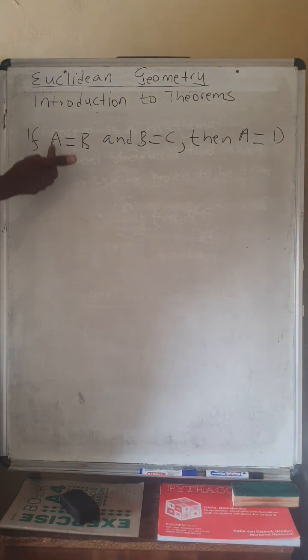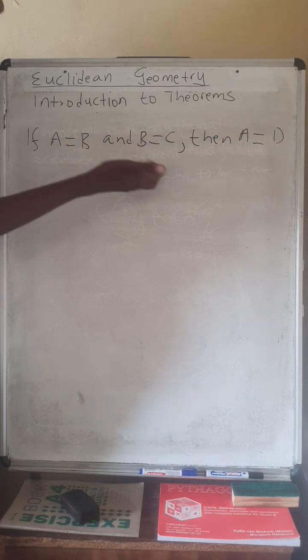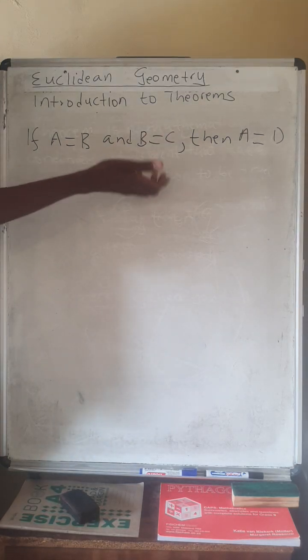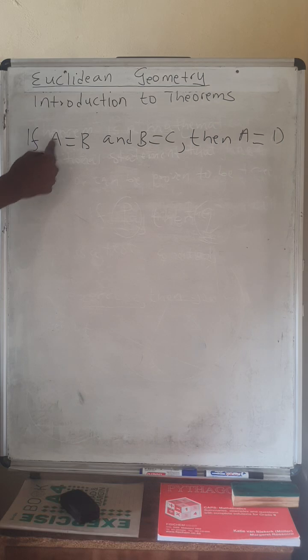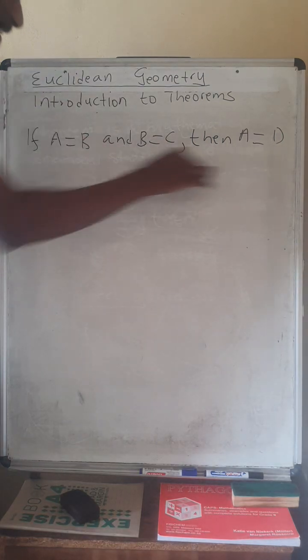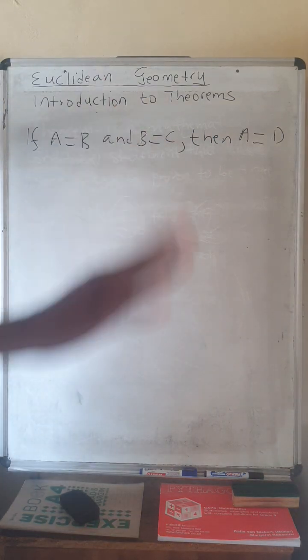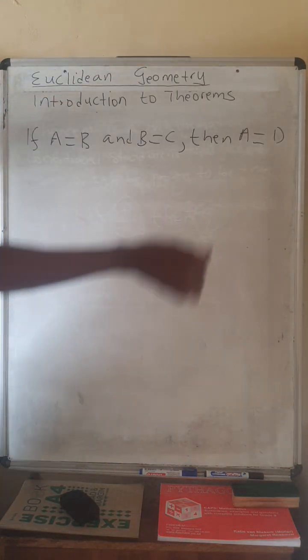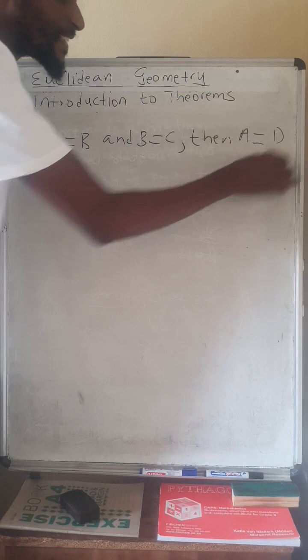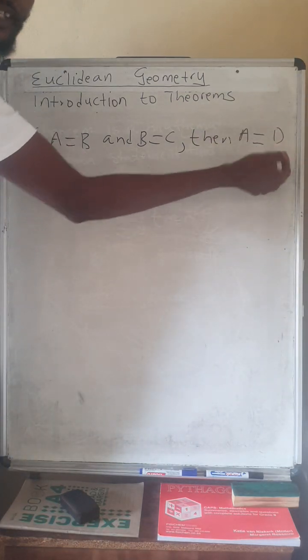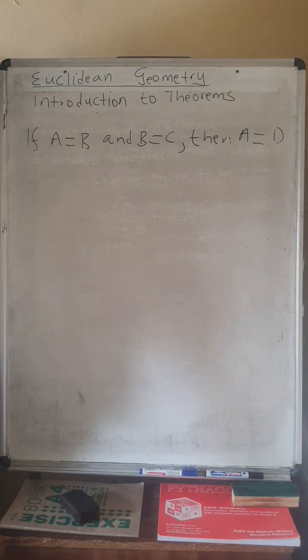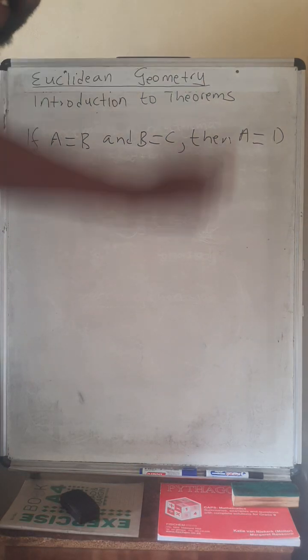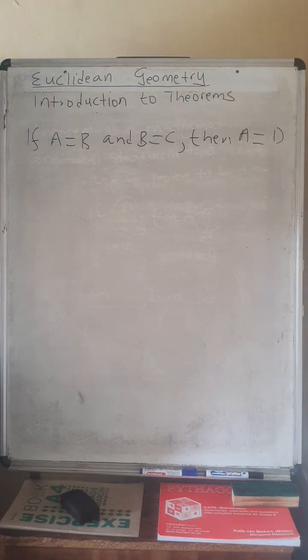Because what I'm given here is that A is equal to B, B is equal to C. So from this, the only thing that I can come up with as a conclusion is that A and C will be equal to each other. So it means in this case, the statement is not true. So the reason we prove theorems is because we are trying to avoid this kind of thing where a conclusion won't support the condition, where the conclusion won't be the result of that condition.